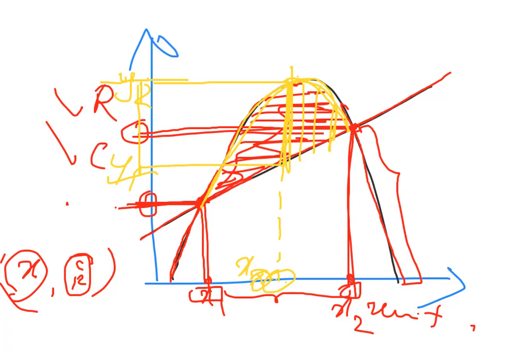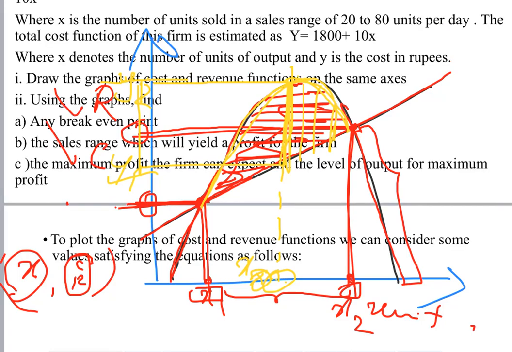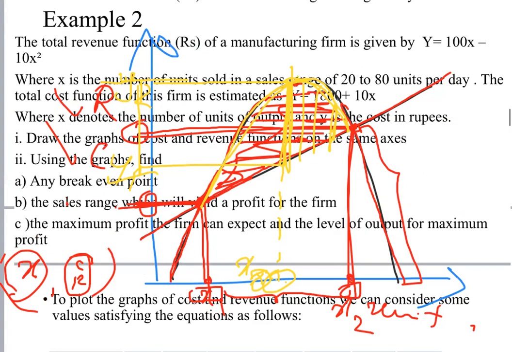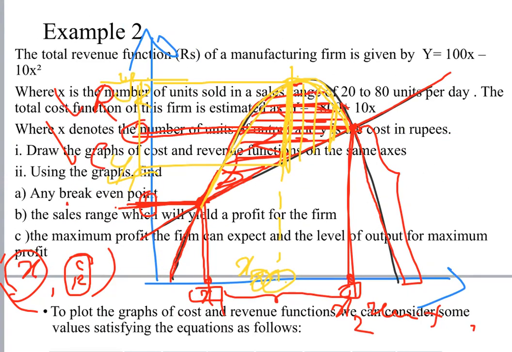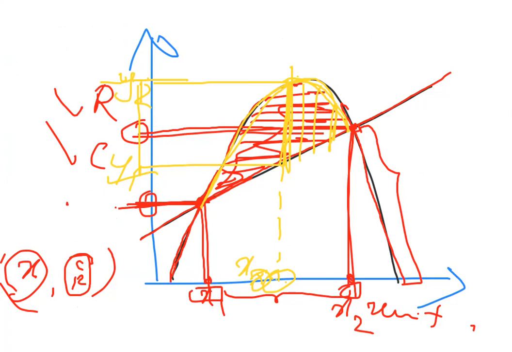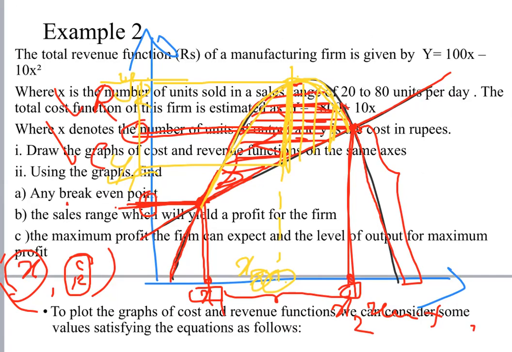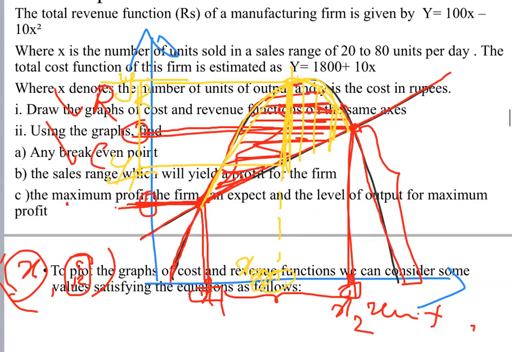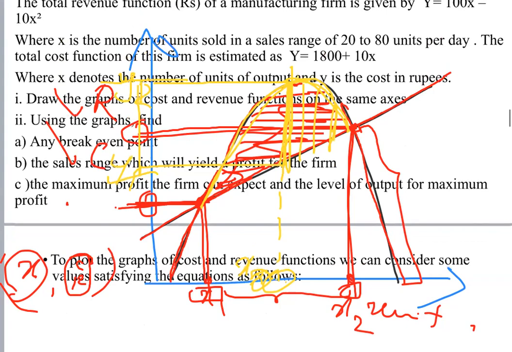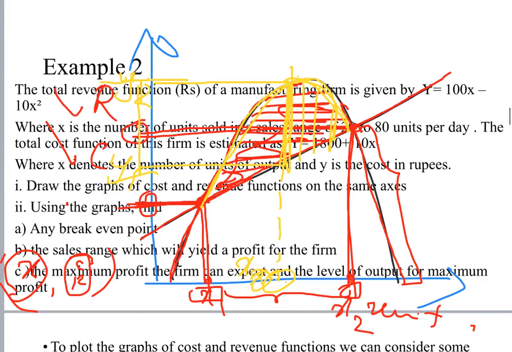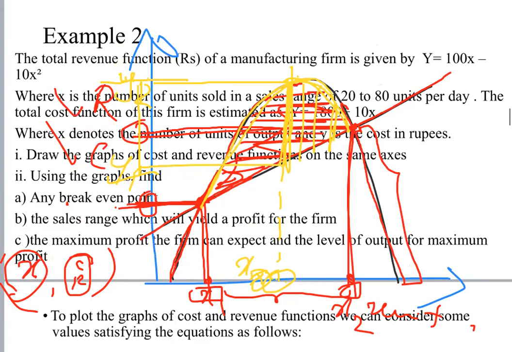I have changed my function, did you remember? It is 10x minus x squared, and the second one is 1800. Here we need to keep it in mind.